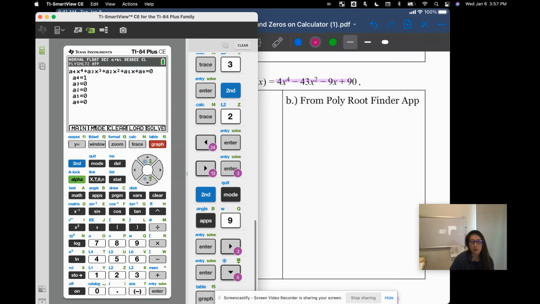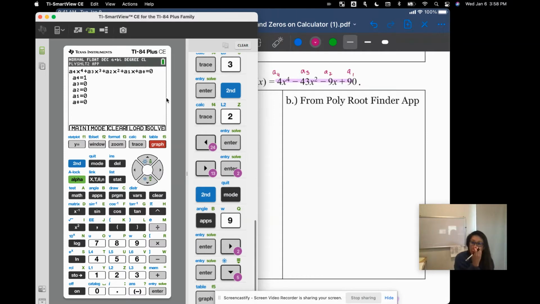All of the buttons underneath tell you what the command is, and the button underneath will actually do that. A4 is your leading coefficient, so in our case A4 would be 4. A3 is negative 43, A2 is negative 9, and A1 is 90.